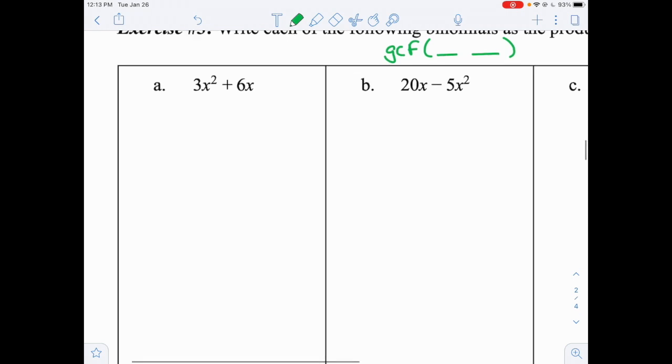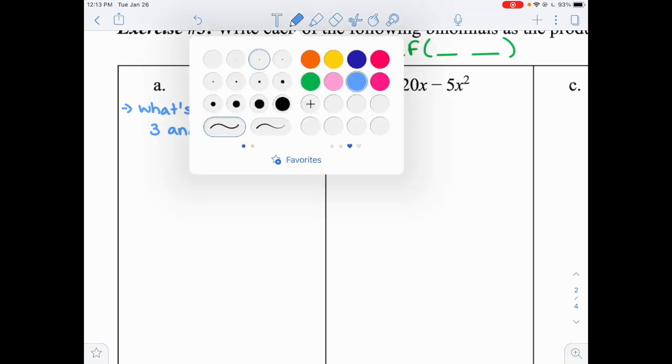The first thing we ask ourselves is, what's the GCF of 3 and 6? The answer to that is 3. I can divide 3 by 3 and 6 by 3 both evenly.